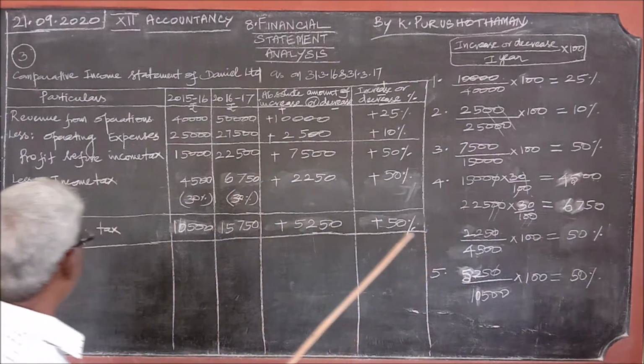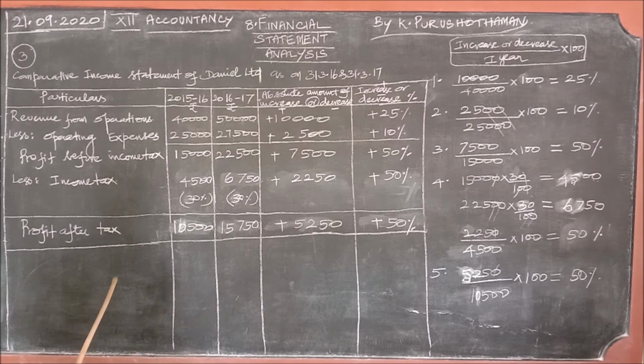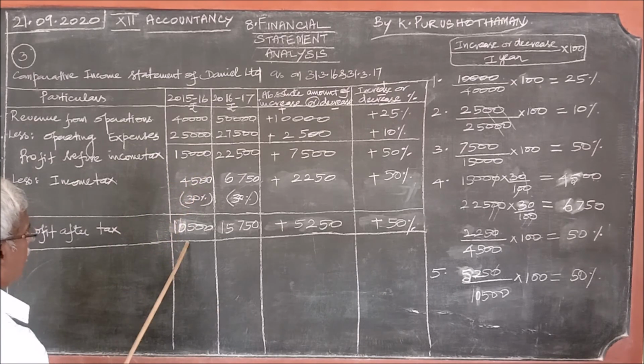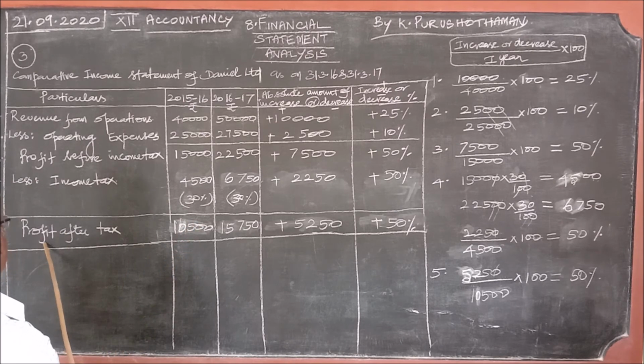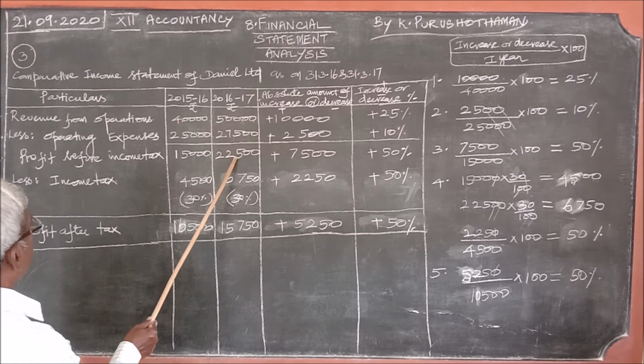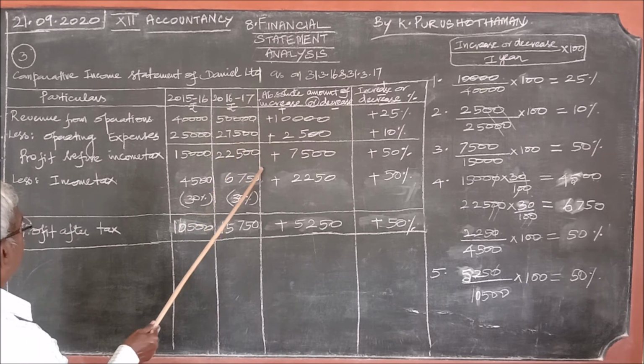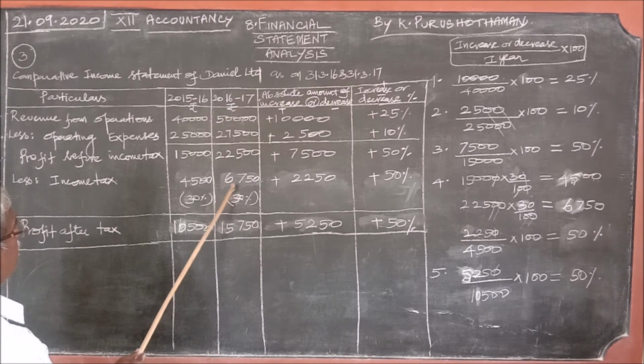Now we should find the actual profit, that is after paying the tax. This 15,000 earned as a profit. From 15,000 income tax 30% paid, 4,500. And what should be the final profit? 10,500. That should be the profit after tax. In the second year, profit 22,500. From 22,500, 30% income tax is paid.